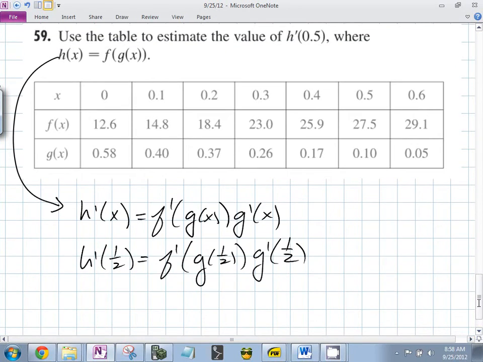Do we know what g of a half is? So h prime of 1/2 is equal to f prime of, what's g of a half? 0.1. What's g prime of a half? Does it give us it?